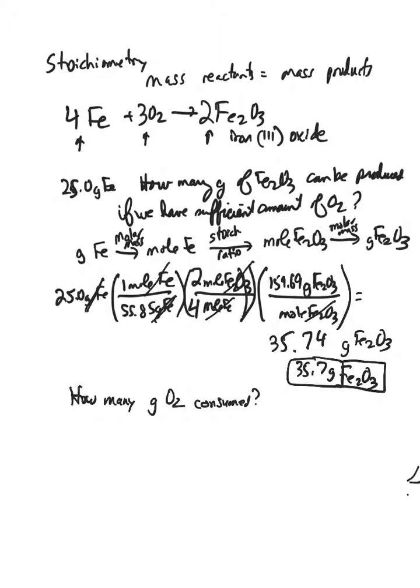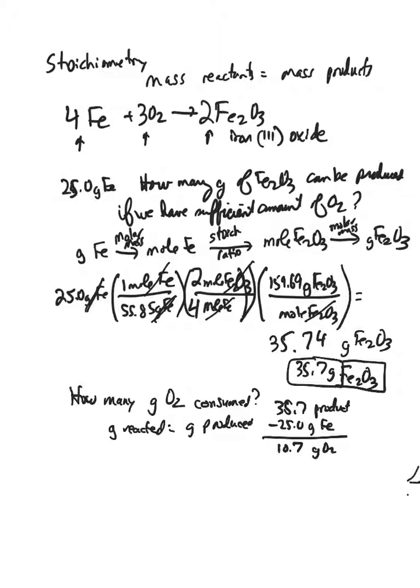A very quick way is to remember the law of conservation of matter that says that the grams reacted has to equal the grams produced. And so I've got 35.7 grams of product, and I had 25 grams of iron. I can tell how many grams of oxygen were consumed. It should be 10.7 grams.